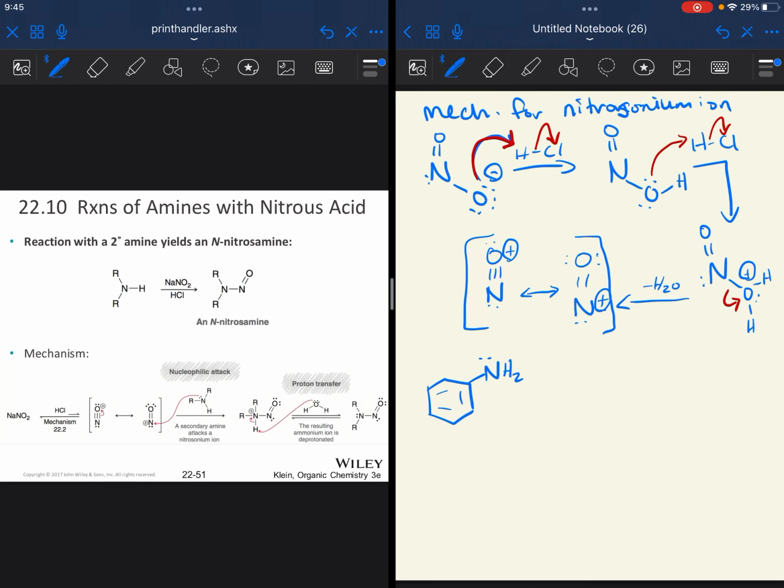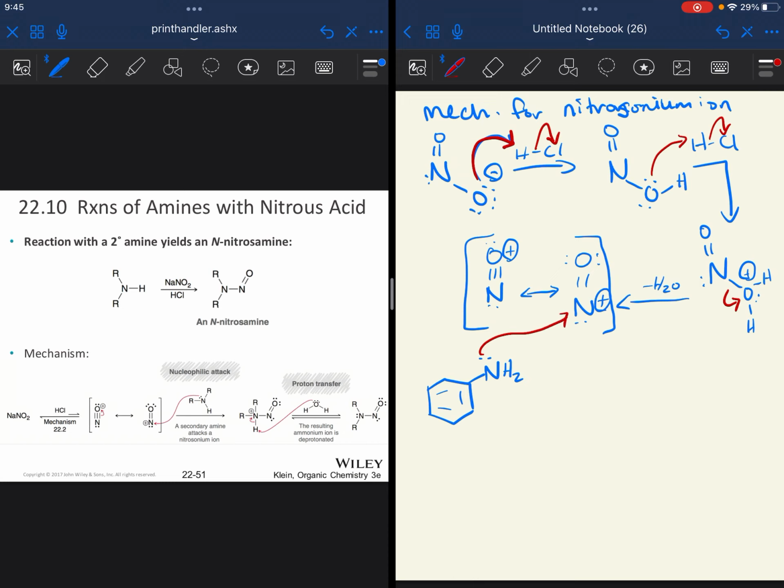Your aniline will come in, it's a good base, good nucleophile, if you remember back from Organic 1. We've also used it as a good nucleophile in Organic 2. It is going to come on in and attack your nitrosonium ion.